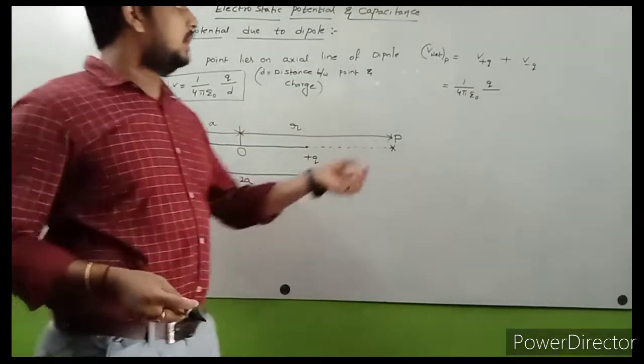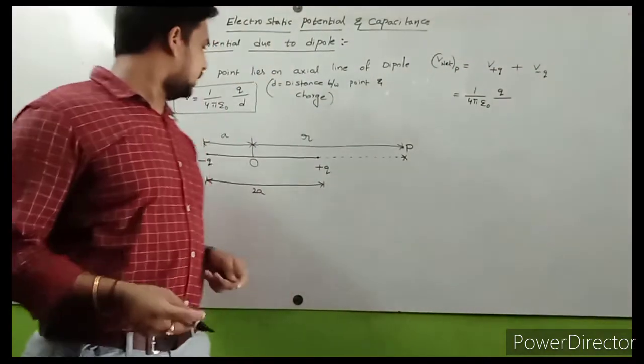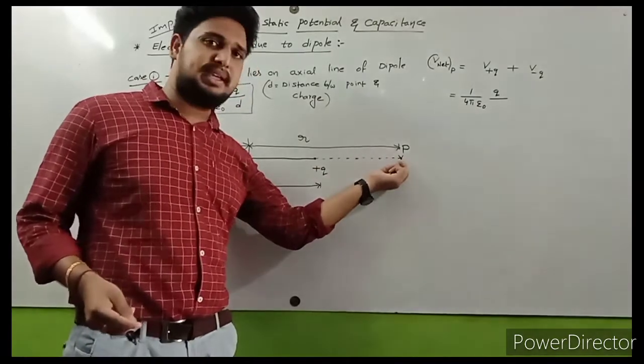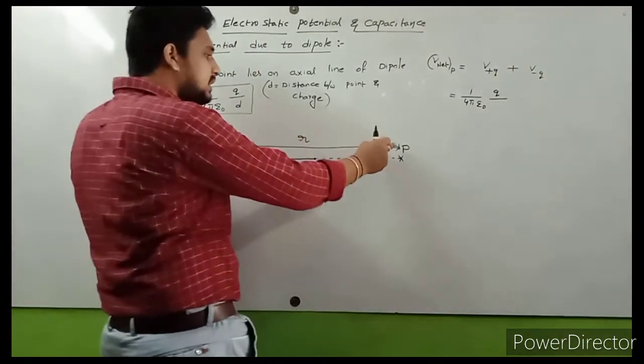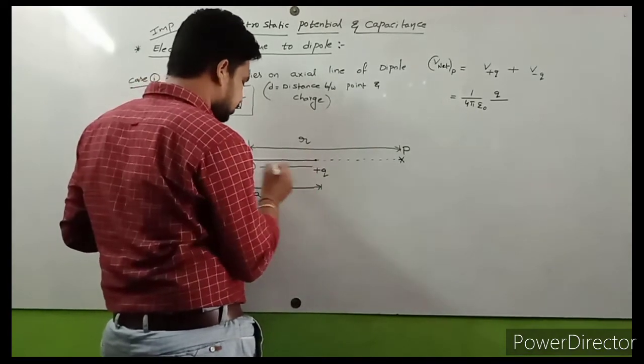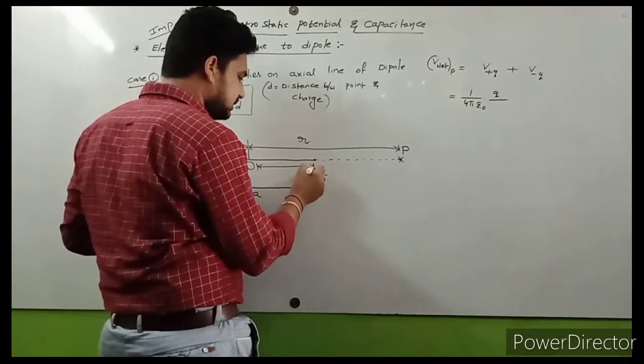Now we are talking about the plus Q charge. Observe carefully. The total distance is R. This distance is a.